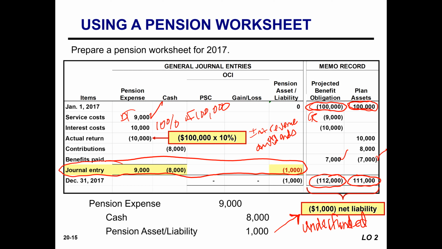Okay, so amortization. As we talked about a little bit already with the prior service cost, a company should not recognize the retroactive benefits as a pension expense in the year of the amendment, but rather should amortize them over the years of service, right? Employers should recognize the pension expense over the remaining service lives of the employees who are expected to benefit from the change in the plan.